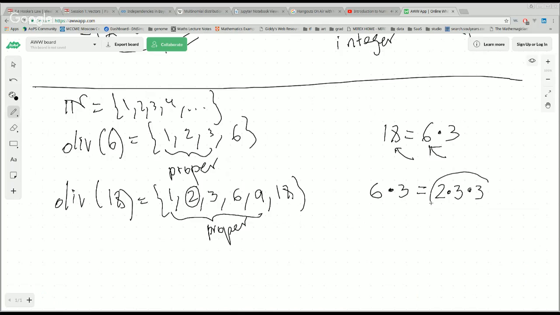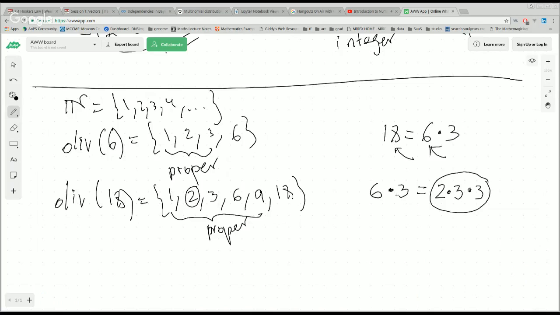This is the same 18 as I had before, but now I can clearly see that 2 is a divisor. This number can be divided by 2, and the result will be 9, of course. What other number is a divisor of 6? Well, 3 here, or 6 itself, or 1.